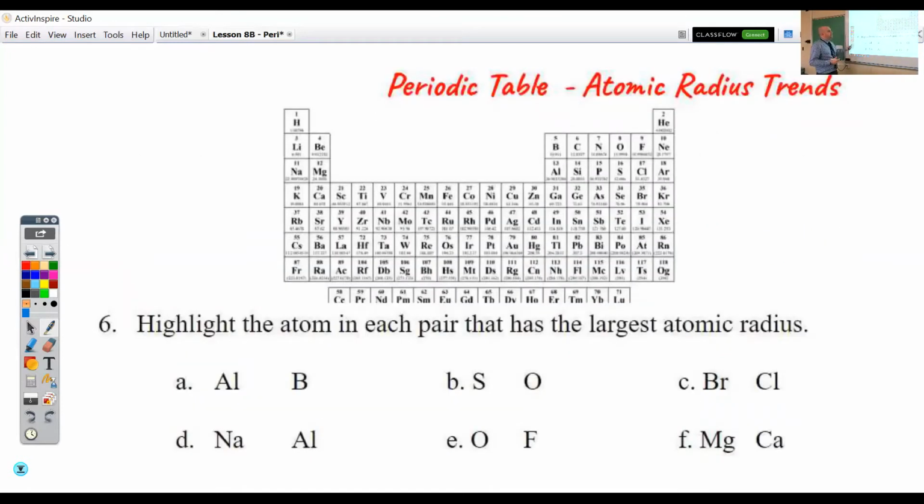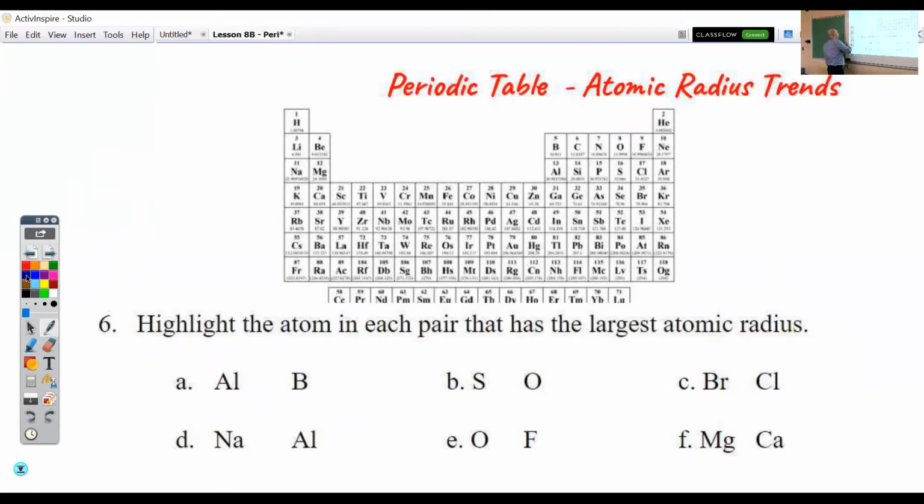All right, so in this exercise, what we're supposed to be doing is identifying which one is the bigger of the pair. So we're going to highlight these. So let's look at our first combination. We have aluminum and boron. Now, what might help is if you draw an arrow on your periodic table to show where atomic radius gets bigger.